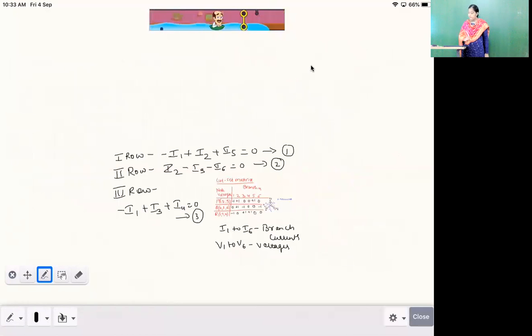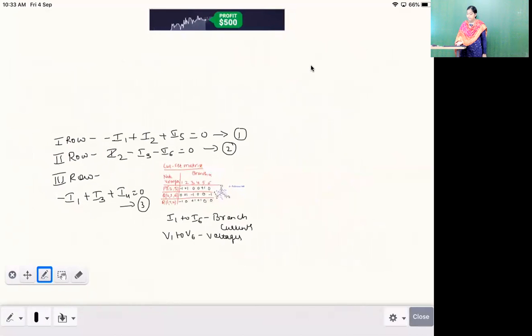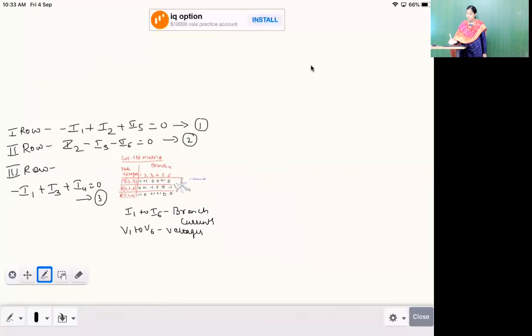How many columns do we have here? We have 6 columns. According to that I have to write the equations. So first let us write down column 1.